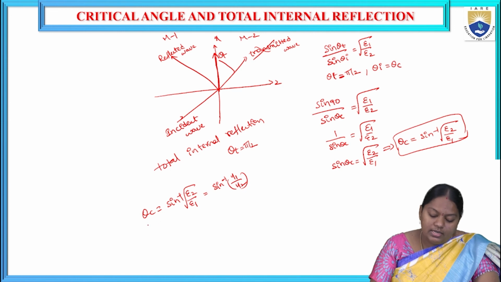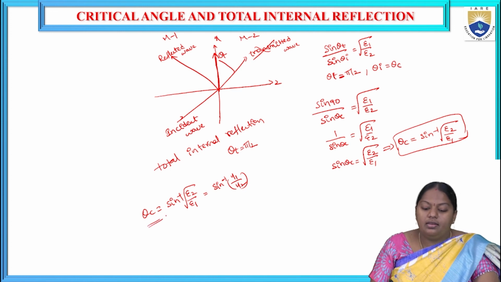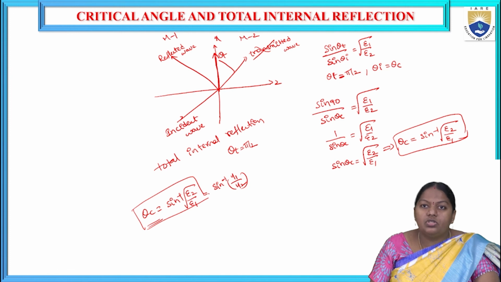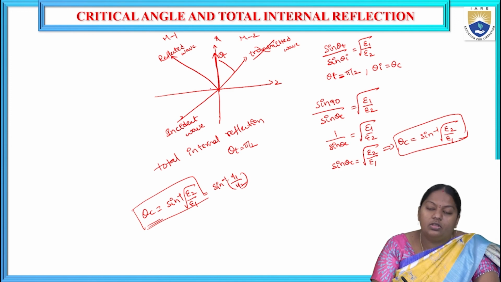Like that, the rest of the relations are to be written. So theta c is the critical angle, and based upon total internal reflection we can define it: the critical angle is the angle at which total internal reflection takes place. When medium 1 is more denser than medium 2, the transmitted wave is aligned exactly on the axis. The total incident wave is reflected back to the same medium.